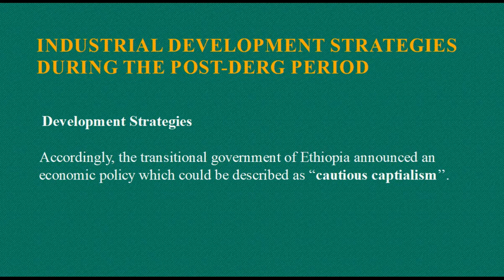The government controlled the overall economic activity. The industrial sector activities were controlled by the government. The involvement of the private sector was not allowed. Here, in cautious capitalism, the government tried to encourage the involvement of the private sector at large.